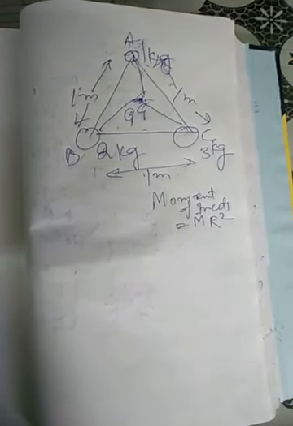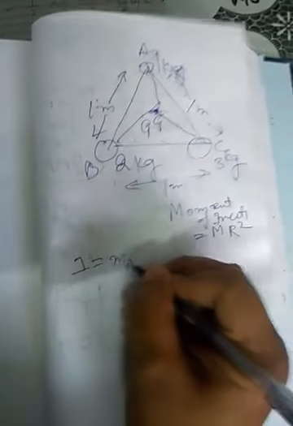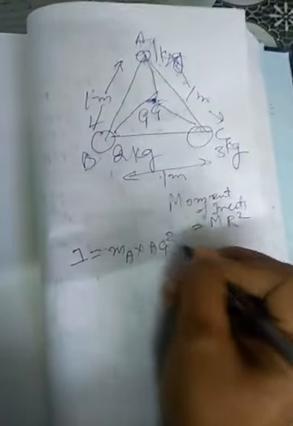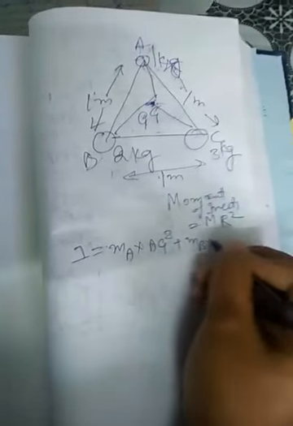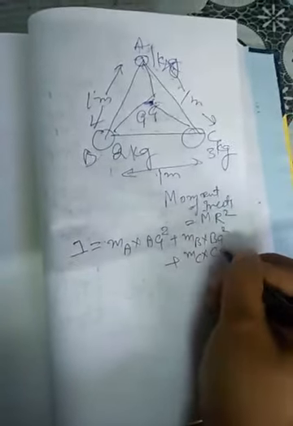Once you find the distances, the formula is m1 into r square, m2 into r square, m3 into r square, the simple formula for the moment of inertia. So the formula applied will be: mass of A into AG square plus mass of B into BG square plus mass of C into CG square.